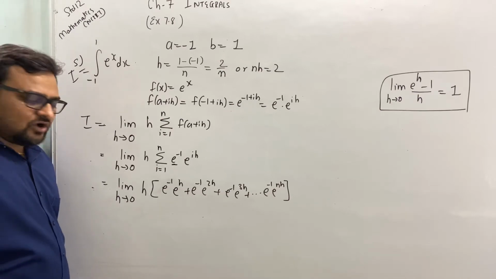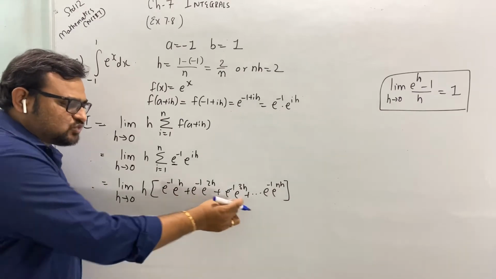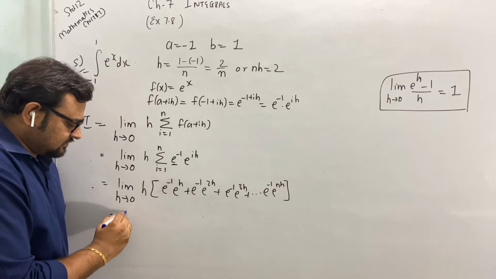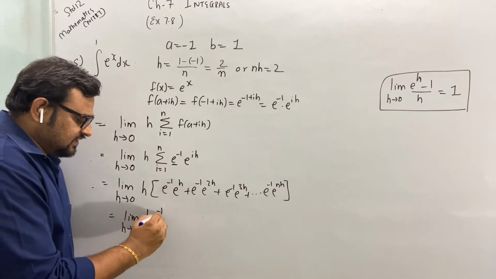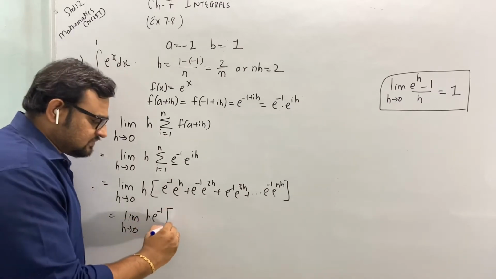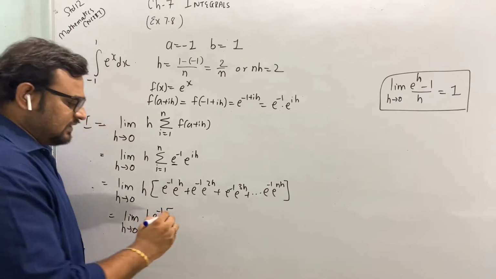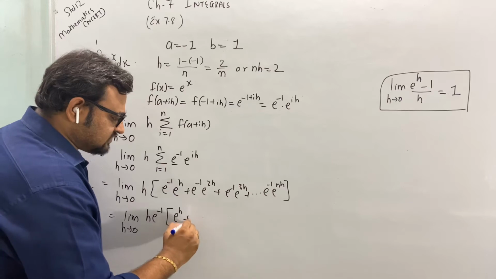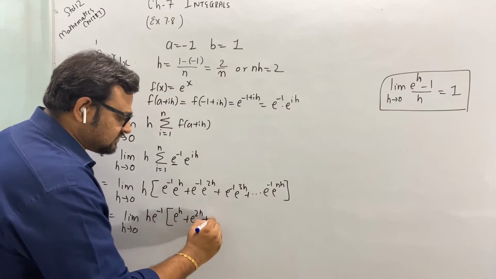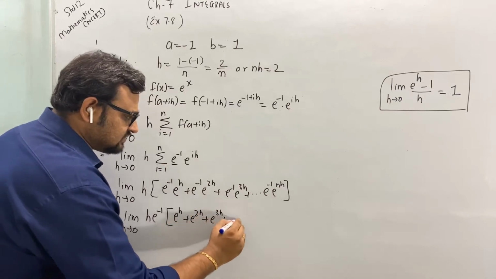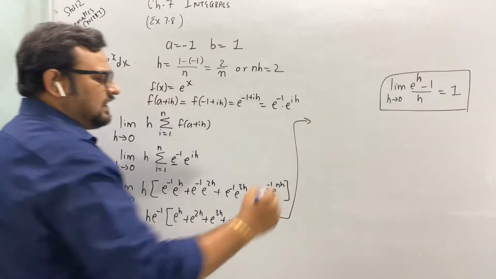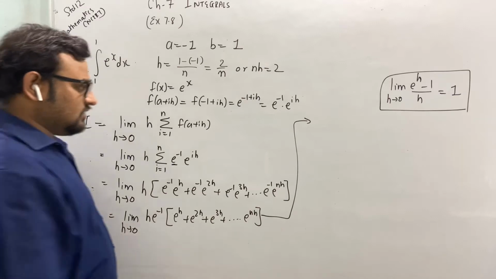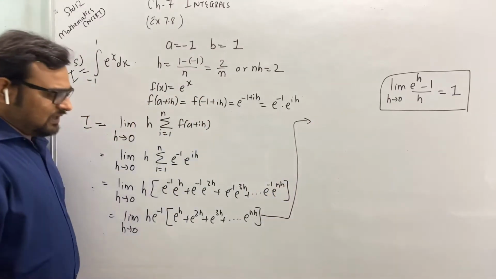Clear? Or else I can take e raised to minus 1 as a constant, so it will be h e raised to minus 1 times (e raised to h, e raised to 2h, e raised to 3h, up to e raised to nh). Clear? So now see what will happen.